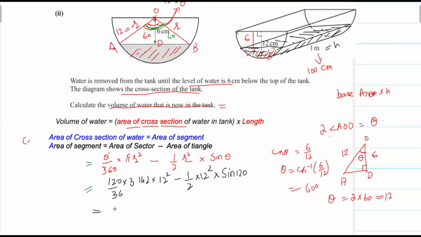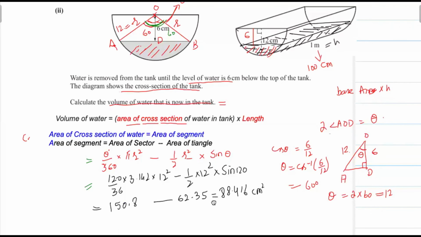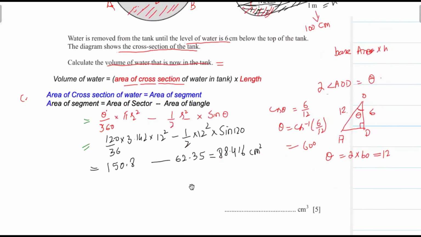And this value is equal to 150.8 minus 1/2 into 12 squared into sine 120. This is equal to 62.35. Now we will take the difference, that will be equal to 88.416 square centimeter.